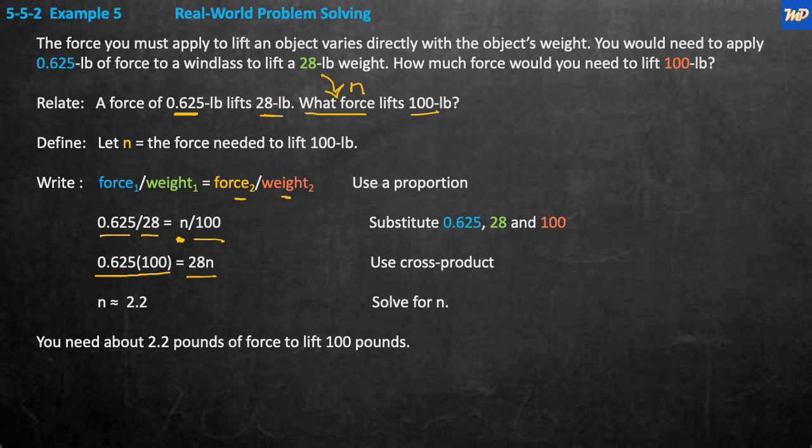pounds of force, right? So there you have it. You need about 2.2 pounds of force to lift 100 pounds. When I made the mistake and said foot-pounds, that would come into play with how long the handle is. So here you've got the windlass, and you've got a handle.